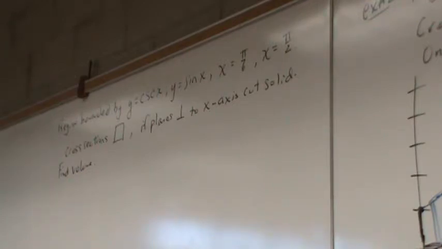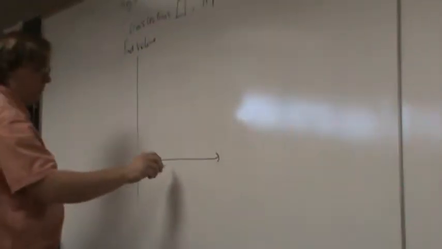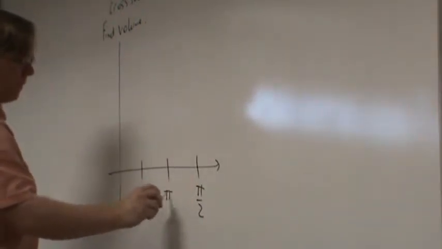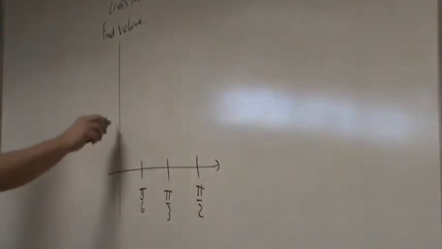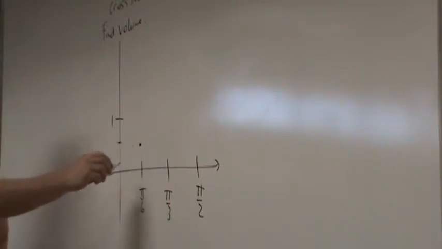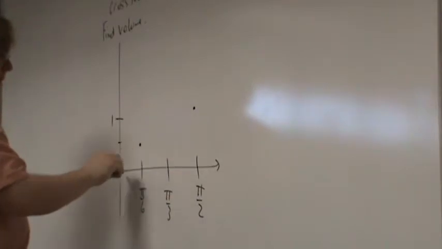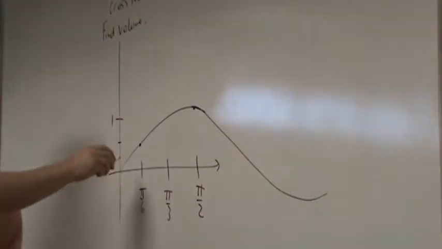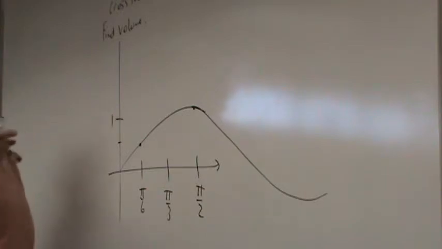But you need something to write on a piece of paper so you can label it. Cosecant is 1 over the sine, right?